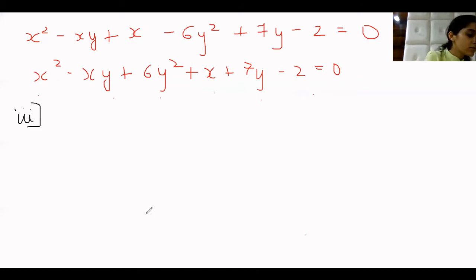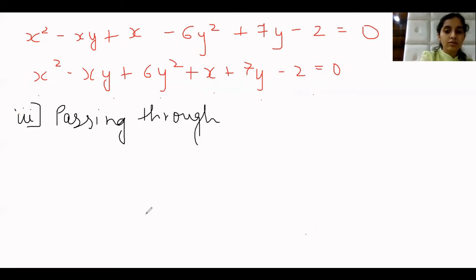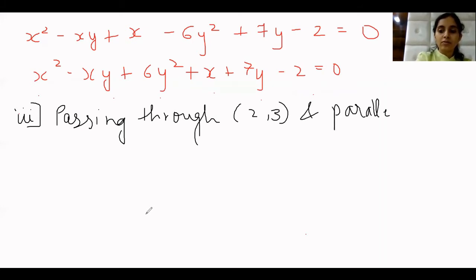The third says: find the combined equation of lines passing through 2, 3 and parallel to the coordinate axis. So given would be passing through 2, 3 and parallel to axis.